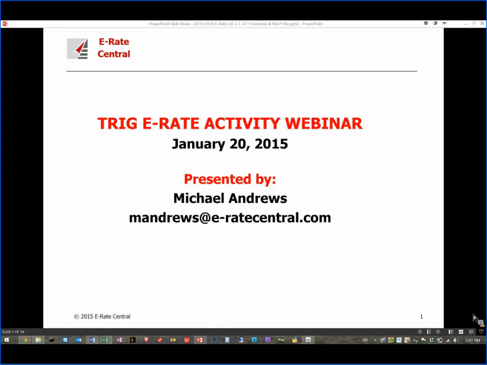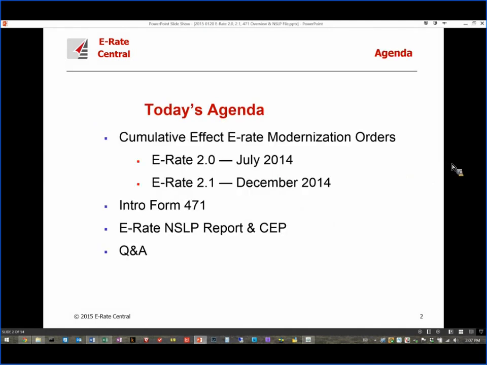Today, our agenda is to go over the modernization order, both 2.0 and 2.1, and we've tried to merge the ramifications of those two together. Given that most of the people on the call seem to be somewhat familiar, I will try to fly through that, but obviously there'll be places that that will be helpful for you to see.